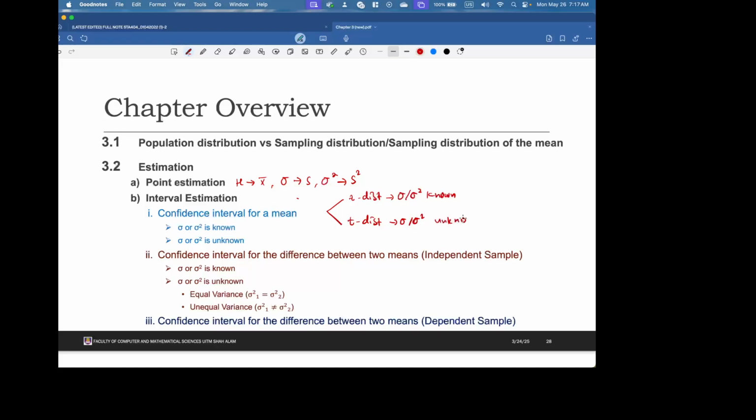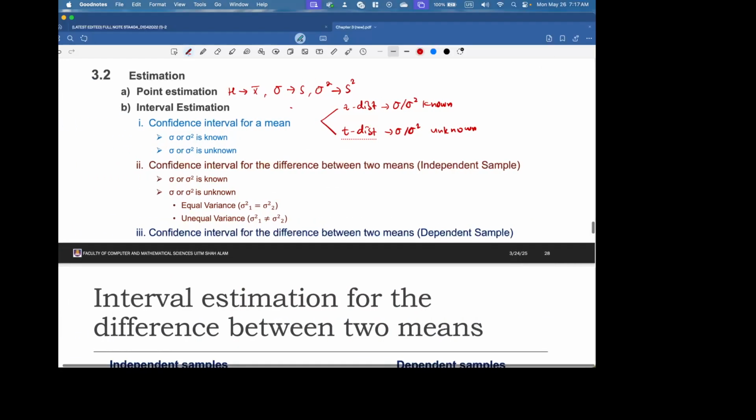Based on this information, you can determine whether to use the Z distribution or T distribution to calculate the interval estimation.